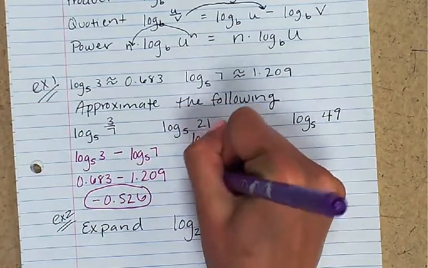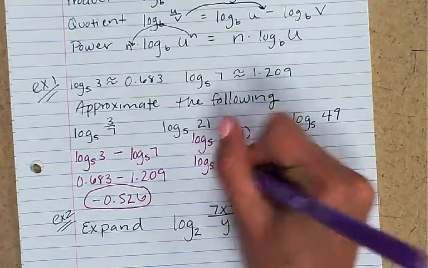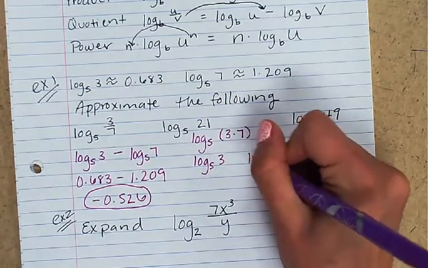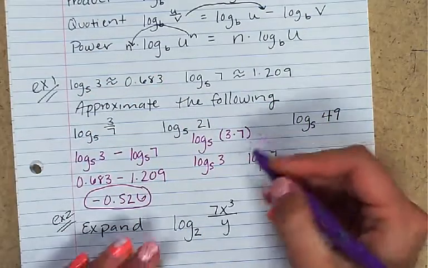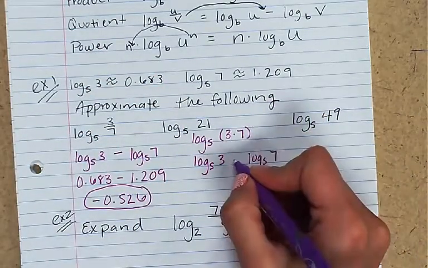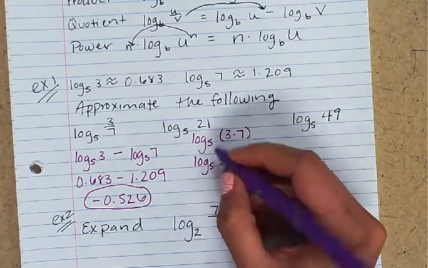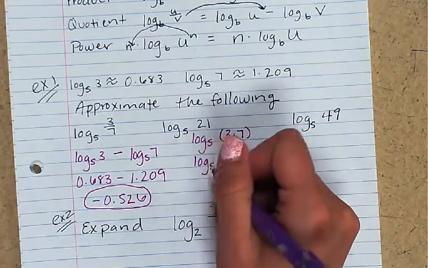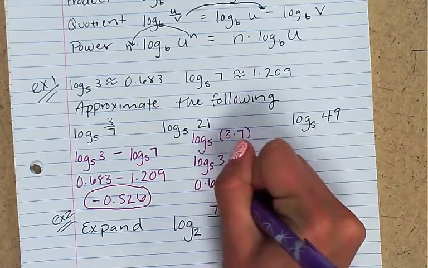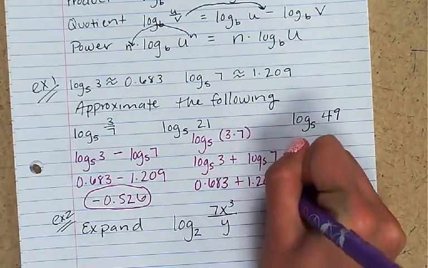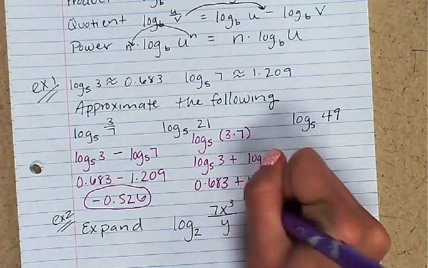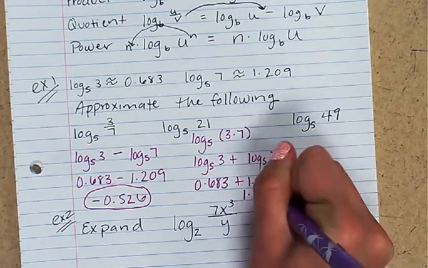I can write out two separate log base 5s, one with 3 and a log base 5 of 7. When you split them up like that, multiplication becomes addition. So we know that log base 5 of 3 is about 0.683, and log base 5 of 7 is about 1.209. So if I add those together, I get 1.892.